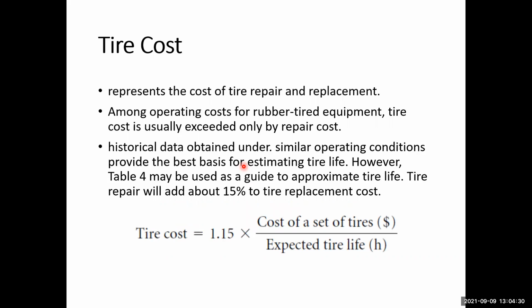Professor, next I have is the tire cost. Okay, so it represents the cost of tire repair and replacement. Tires are one of the most common costs, so that's why they are considered separately. Among operating costs for rubber tired equipment, tire cost is usually exceeded only by the repair costs.